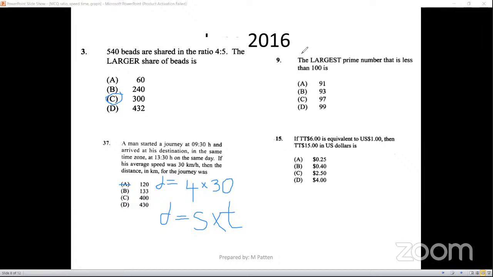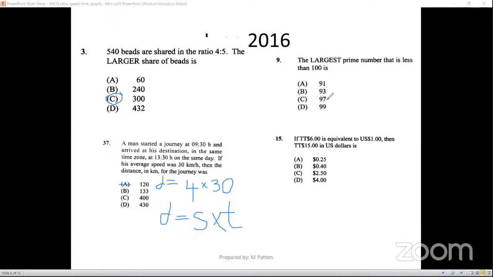All right, number 9. The largest prime number that is less than 100. What is it? 97. C. Somebody said 97. Everybody happy with that?